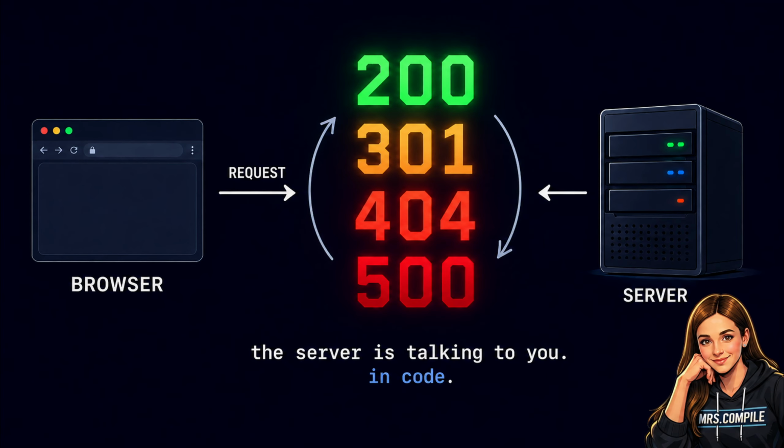Every time your browser talks to a server, the server responds with a 3-digit number. You have probably seen them, like status code 200, or maybe 404, or 500, probably 503 if you have tried loading a university portal on results day.